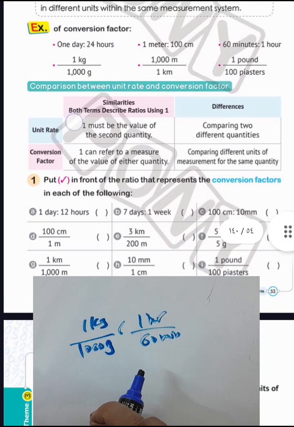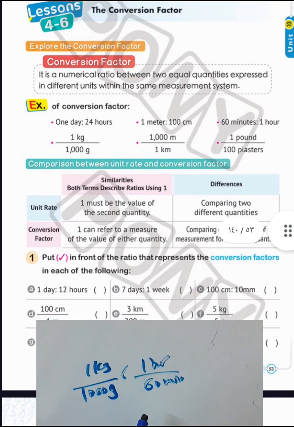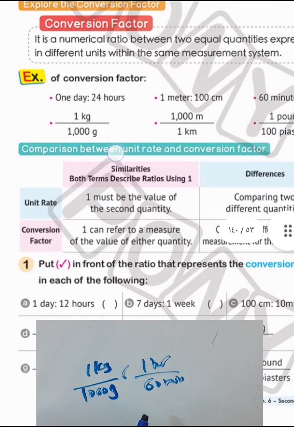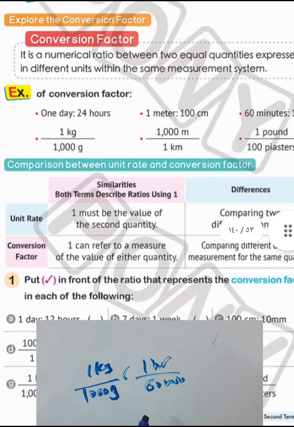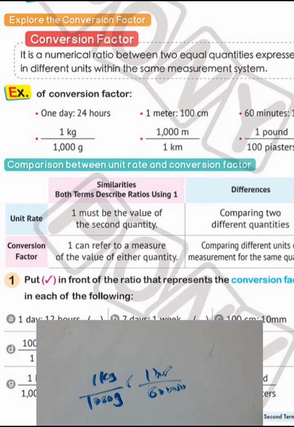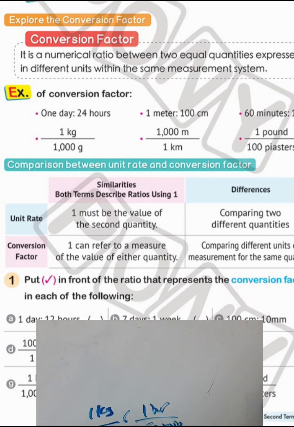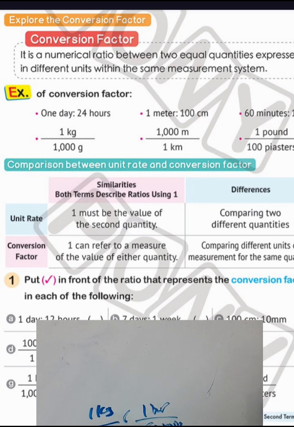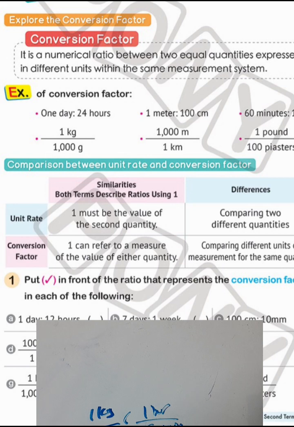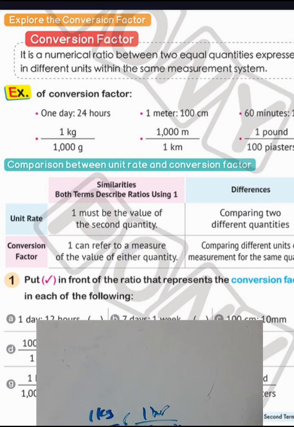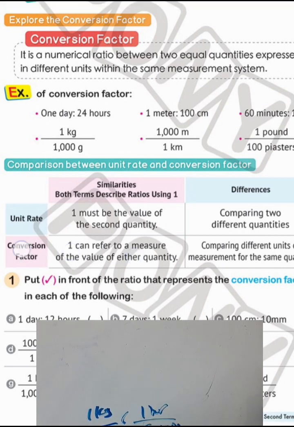We have the table here. We're comparing between unit rate and conversion factor. You must know the difference between unit rate and conversion factor. In unit rate, one must be the value of the second quantity, and in conversion factor, one can refer to the measure of the value of either quantity.